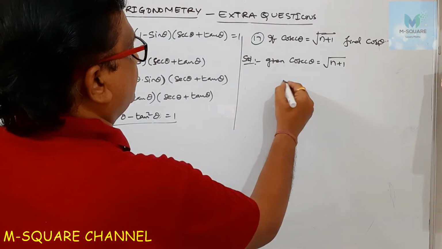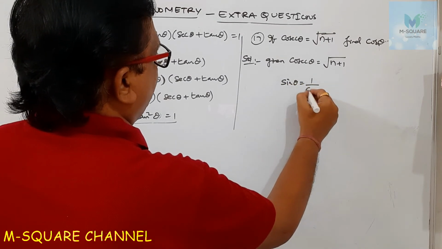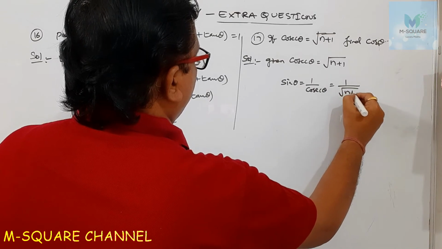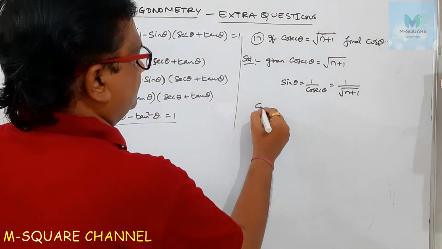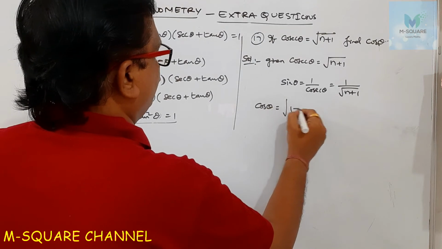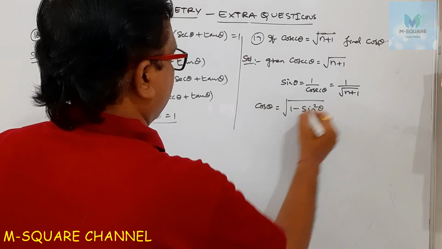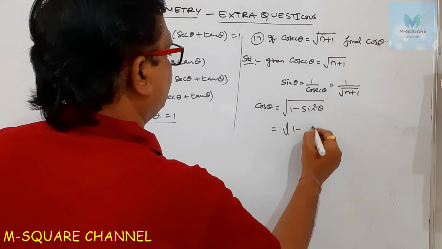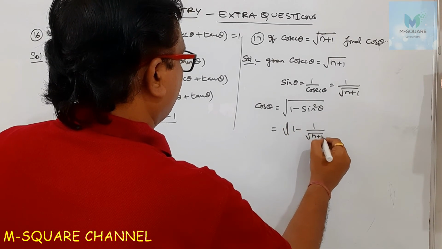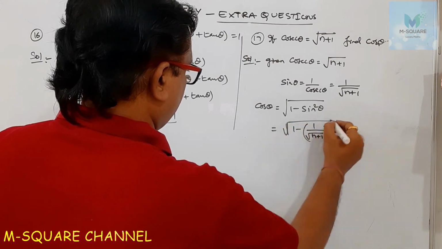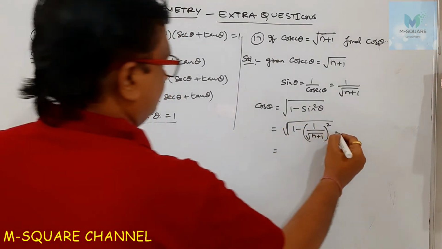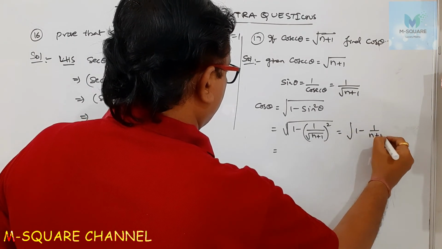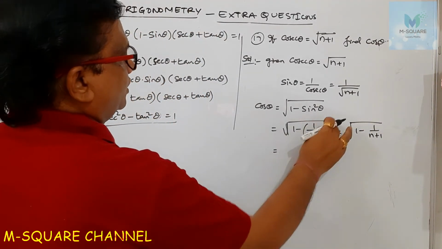So given cosecant theta, what is sin theta? 1 by cosecant theta. That is 1 by root of n plus 1. What is cos theta? Root of 1 minus sin square theta. So root of 1 minus, 1 by root n plus 1 whole square. So root of 1 minus 1 by n plus 1.